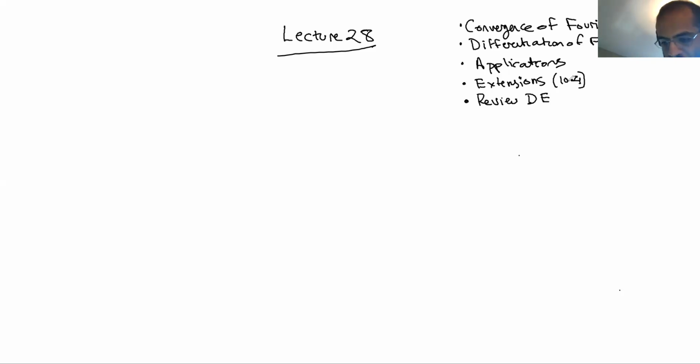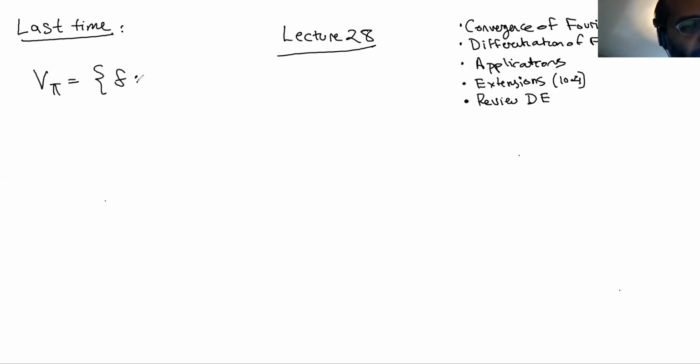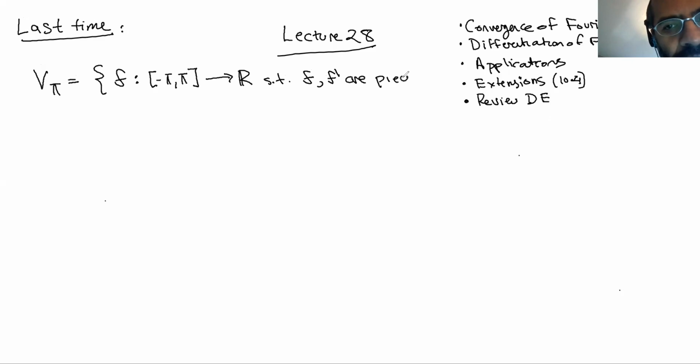So okay, what did we do last time? Last time we defined this vector space V pi of functions from the interval minus pi to pi to R, such that both the function and its derivative are piecewise continuous.